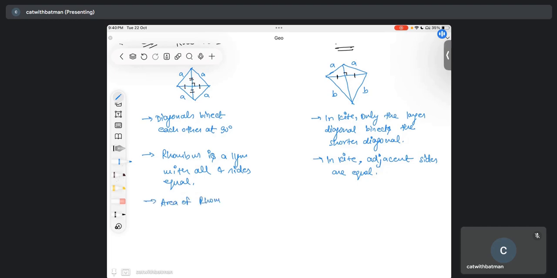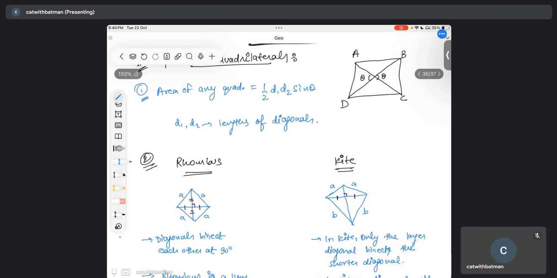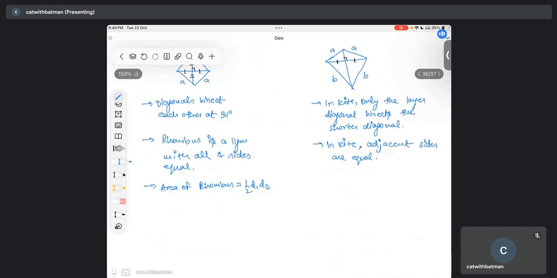Area of a rhombus can be given by half d1 d2. Because if you write sine theta, that is sine 90, since they are bisecting at 90 degrees, theta will be 90 and sine 90 is 1. So you get the area of a rhombus as half d1 d2 multiplied by 1, that is half d1 d2.